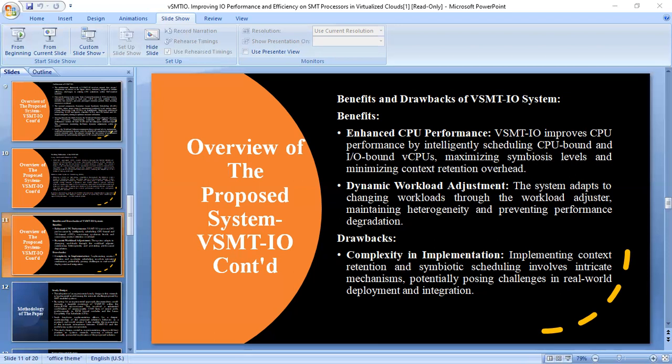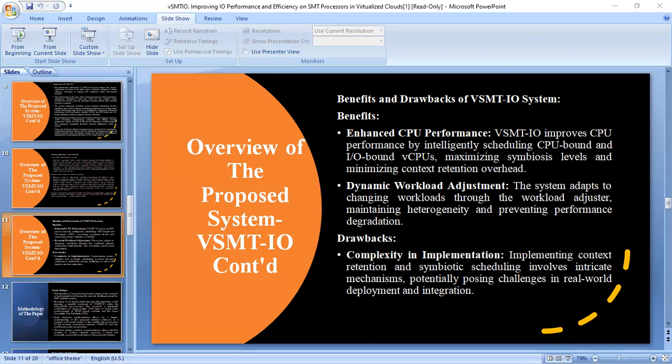The findings revealed remarkable enhancement, with up to 8.3% improvement in IO throughput and 123.1% improvement in processor throughput. In essence, VSMT-IO not only effectively addresses existing inefficiencies, but also propels advancement in CPU scheduling for SMT-enabled systems.